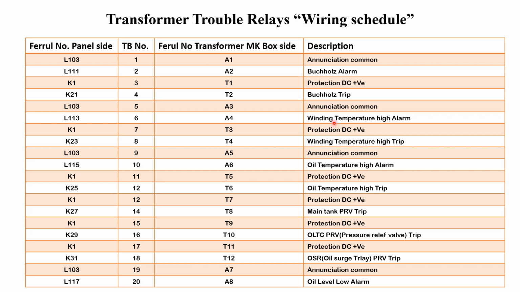If it is WTI, then for WTI; if it is OTI, then the contact represents OTI; and for PRV and then for OSR. So this is how you can understand a basic wiring schedule, and this is a complete roadmap to the wiring of the transformer MK box.